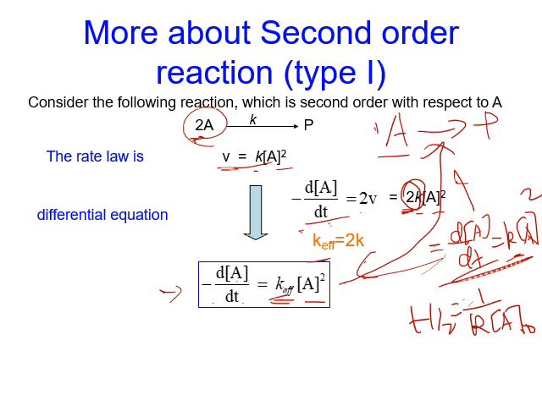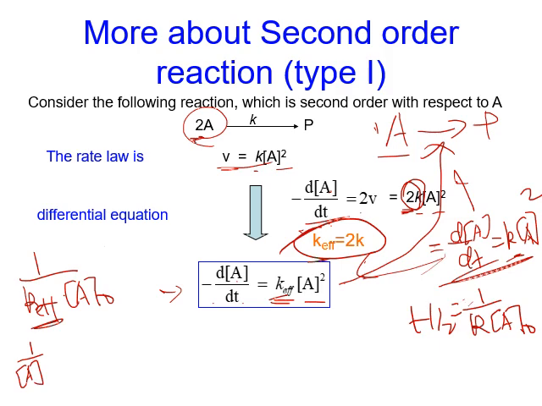But here it should be 1 over k effective times [A]naught. That's the half-life for this reaction. What is k effective? It's 2 times k. Similarly, the integral rate law should be 1 over [A] minus 1 over [A]naught equals k effective times t.